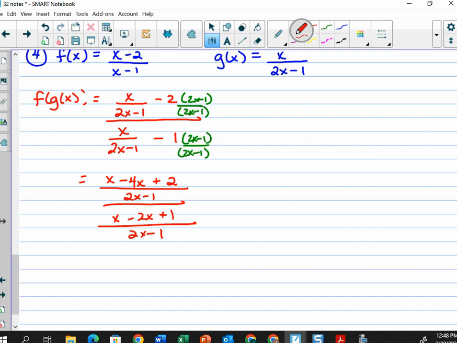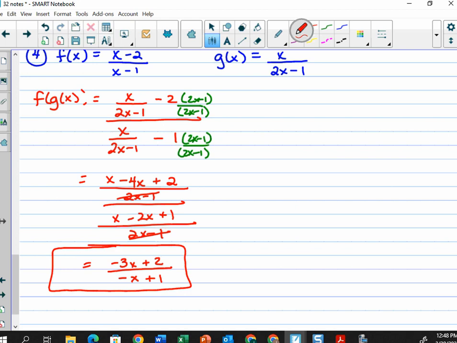Guys, from this step, do you see how the 2x minus 1s will cancel? Like the flipping, and yes, you can just do that. And we will get negative 3x plus 2. We will get negative x plus 1. That is the composition part.